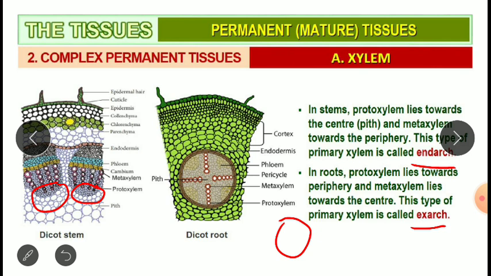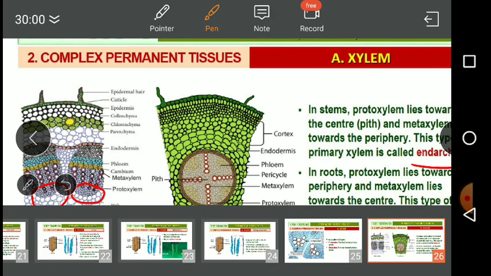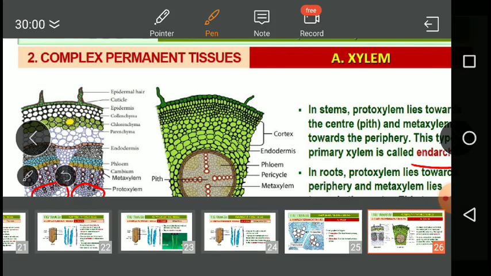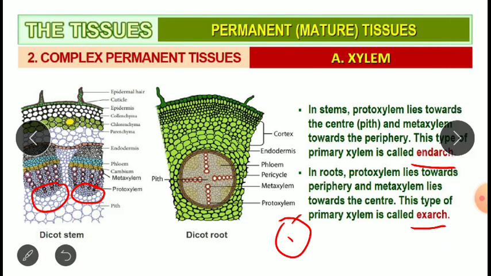Here at the center, the smaller elements are there, and as I go towards the edge, we can see that the elements are larger. So the protoxylem are towards the center, and the metaxylem are towards the periphery or the edges. We call this type of xylem endarch xylem.